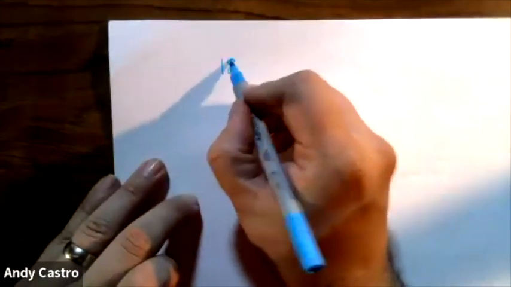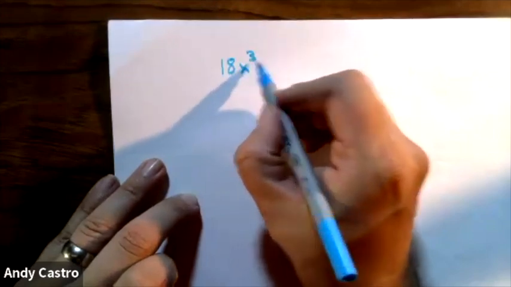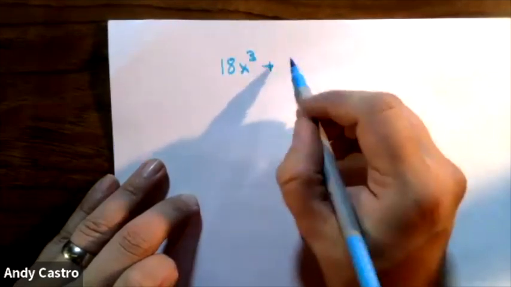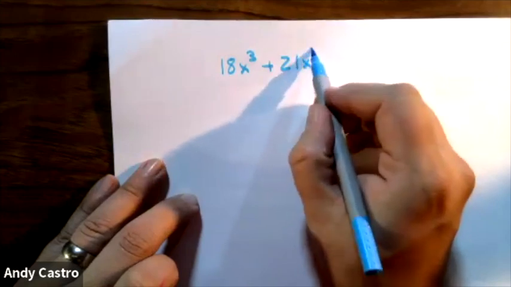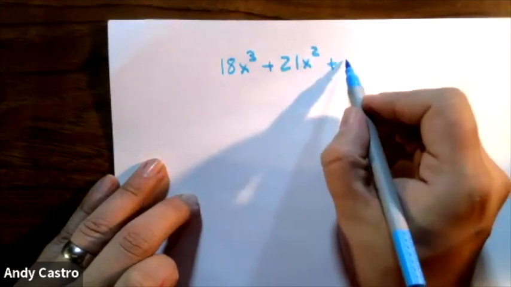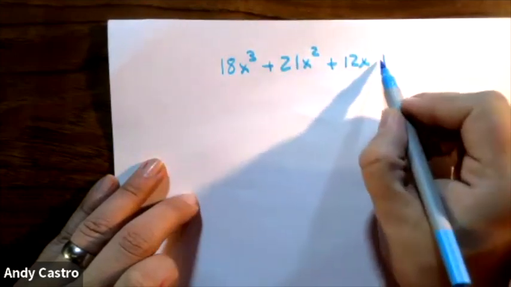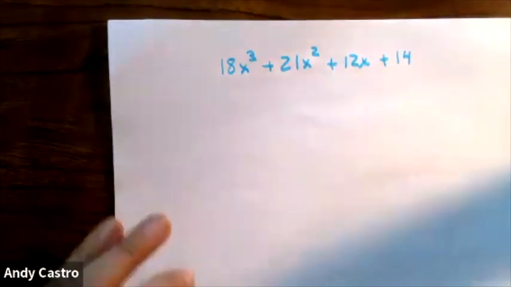Now, let's do one by grouping. Let's do 18x cubed plus 21x squared plus 12x plus 14.